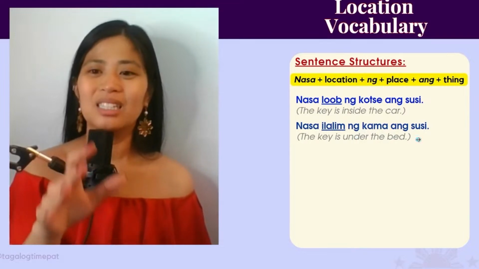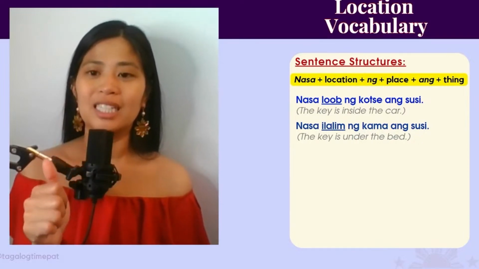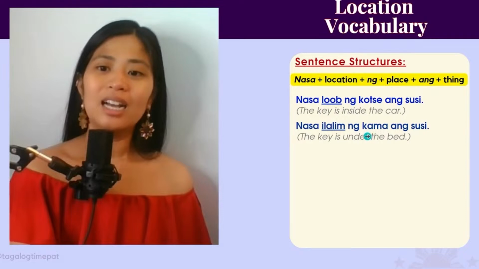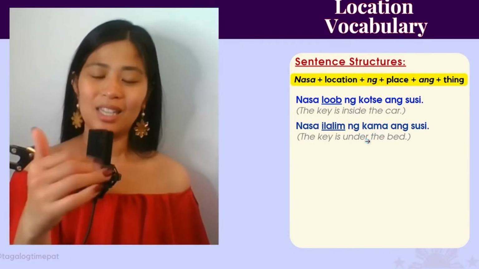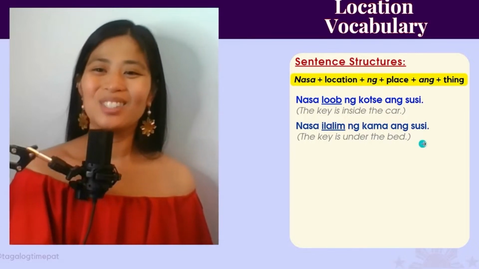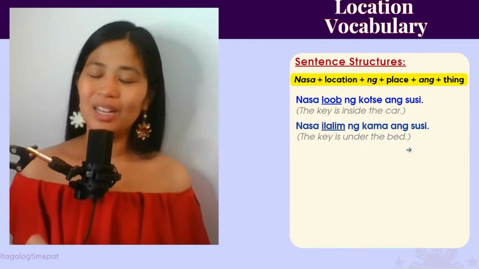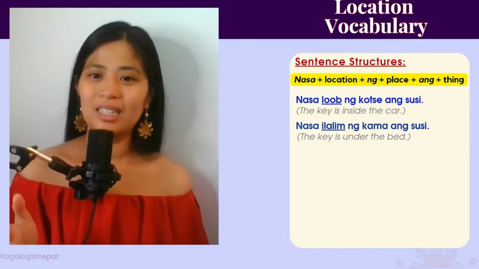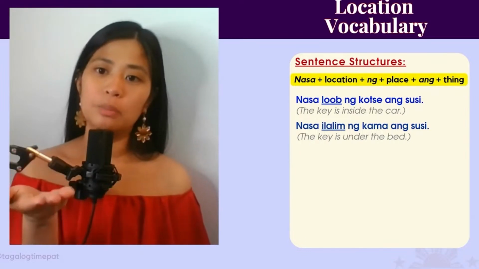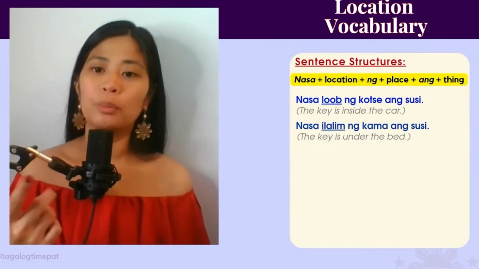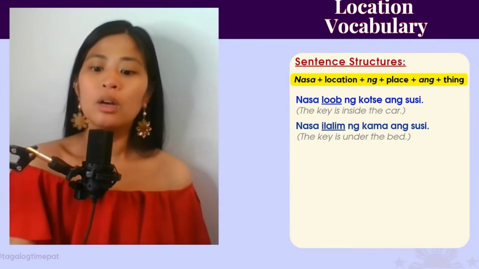That's how this is literally translated. Ng kama is like of the bed. It's under of the bed. And then ang susi, the key. So a lot of it doesn't make sense. It's not the same grammar structure as in English. So just follow this pattern that I'm showing you now. And with more practice, it'll come more naturally.